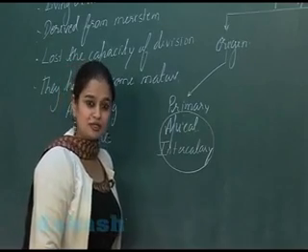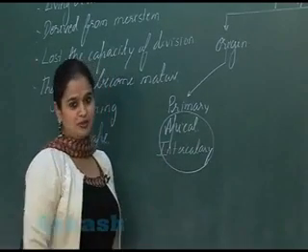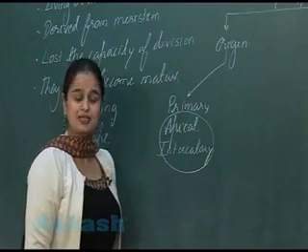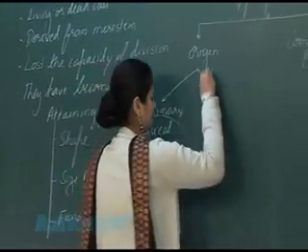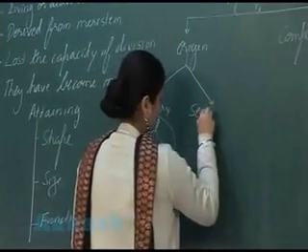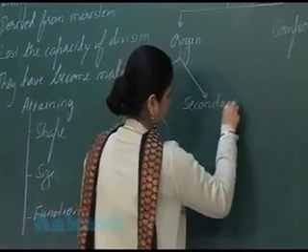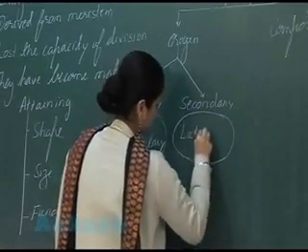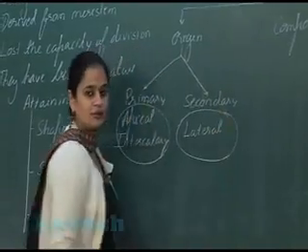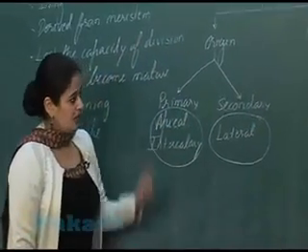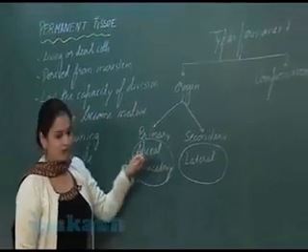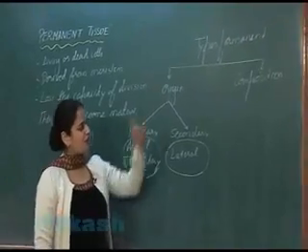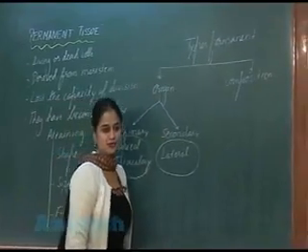But if the origin is from lateral meristem, then it is known as secondary permanent tissue. Secondary permanent tissue originates from lateral meristem. Right? Now this was on the basis of the origin. Now on the basis of composition.